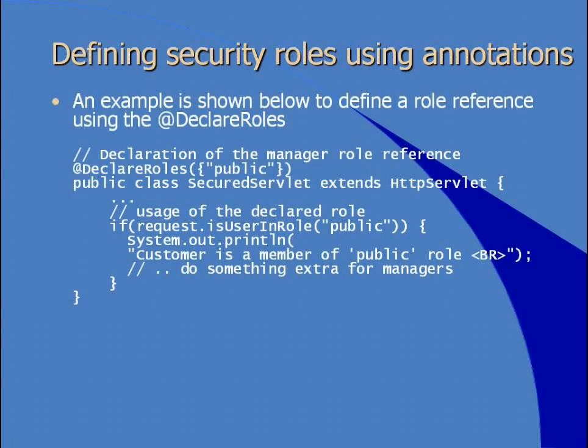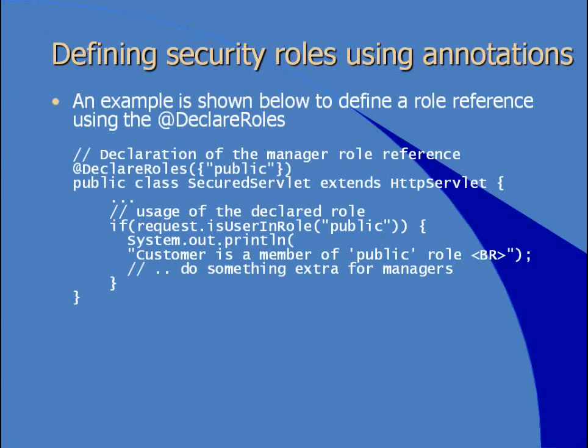And sure enough, inside the rest of my code, which is off the slide, I see a logical if test using the request object's isUserInRole method, and I only execute that code if the user is in fact in that role. Notice I don't have to know what the role membership is. I've declared that I'm using this role.